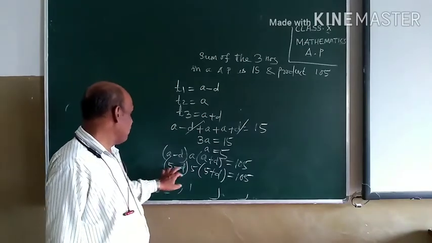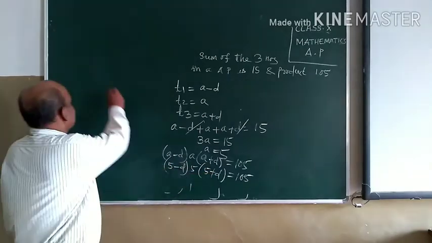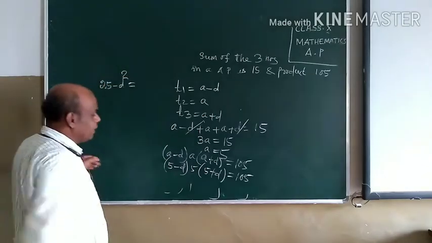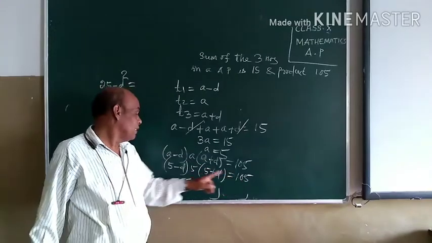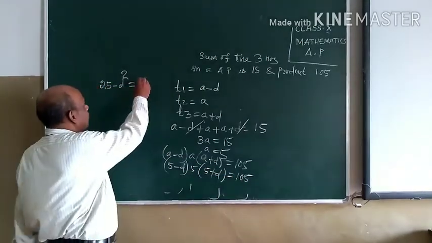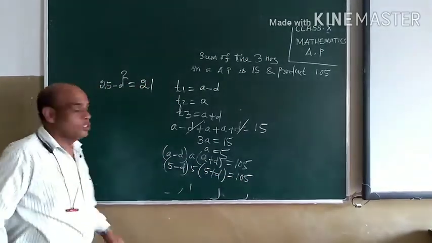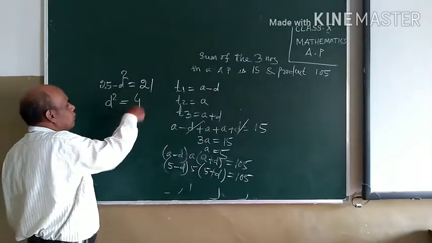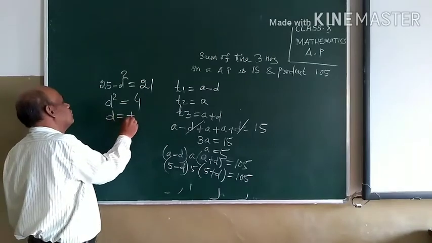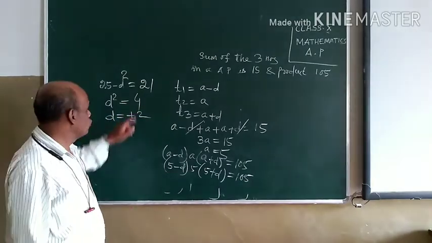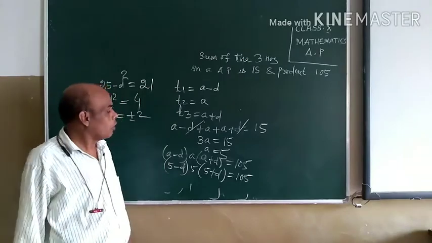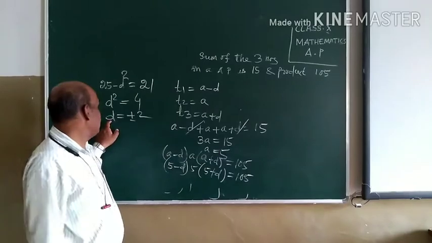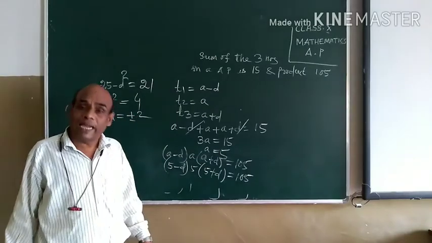So 5 minus d into 5 plus d is coming 25 minus d square, that will be 105 divided by 5. What is coming? 21 coming. So d square value coming 25 minus 21, 4. d is coming plus minus 2, it means root over of 4. So already we got the value of a is equal to 5 and d value plus 2 or minus 2.